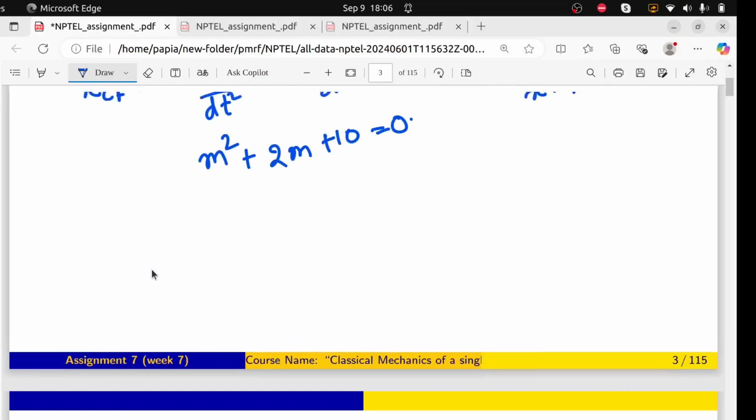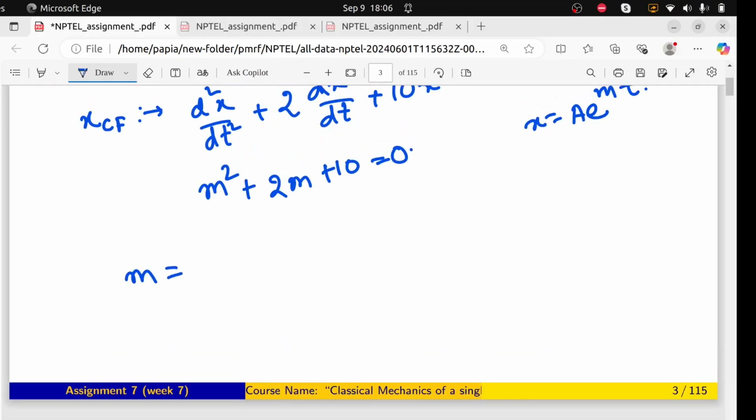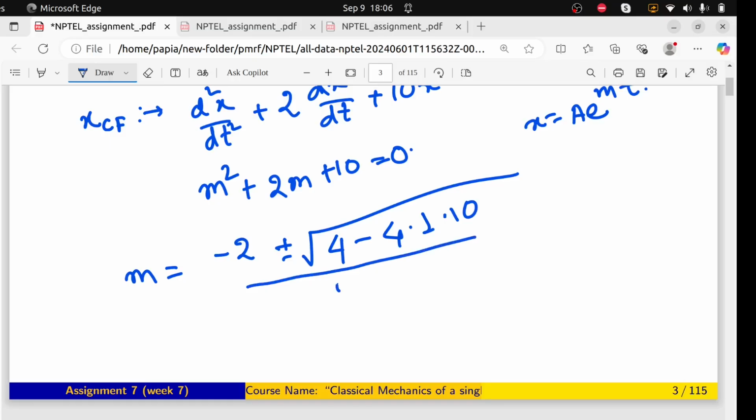If I calculate this, m will be minus b plus or minus root of b square minus 4ac, divided by 2a.